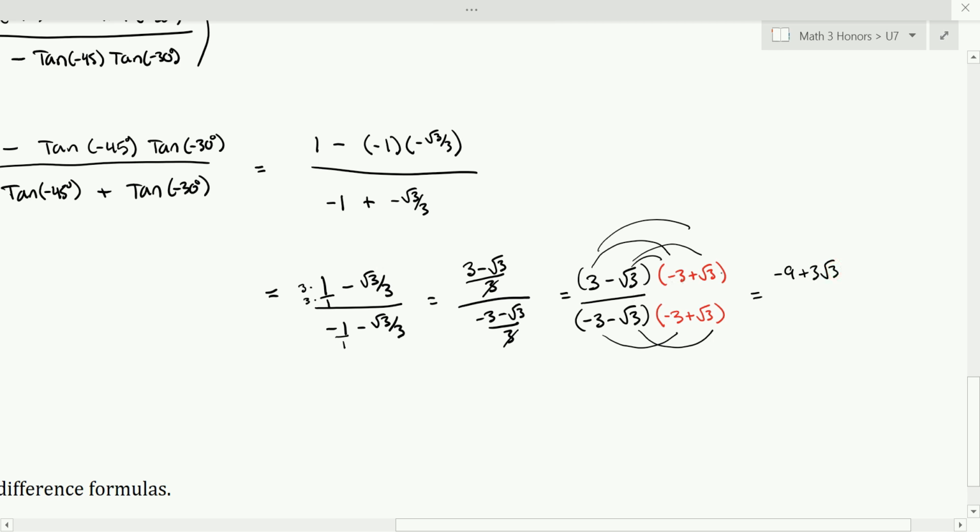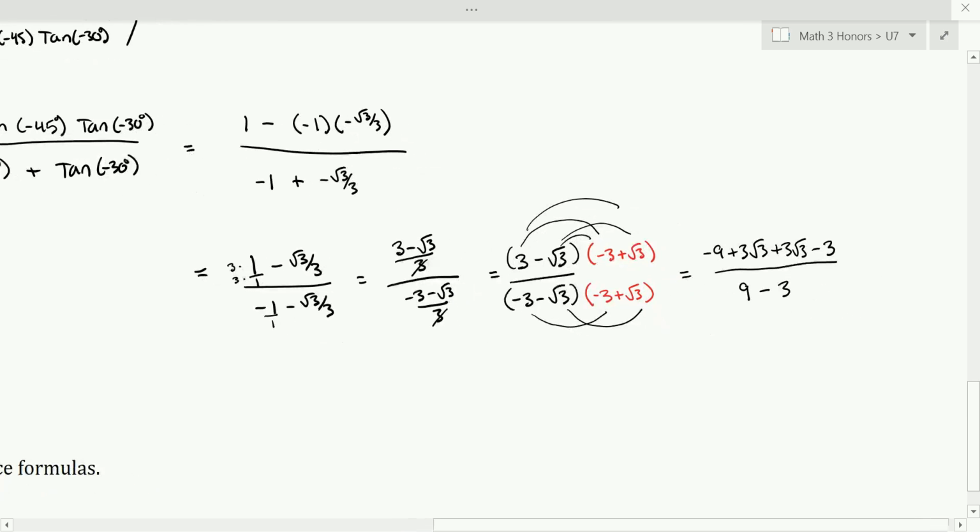Negative root 3 times negative 3 is still going to be a positive 3 root 3. And then negative root 3 times positive root 3 is going to be a negative 3. In the denominator, we're going to have negative 3 times negative 3, which is positive 9, minus root 3 times root 3 is 3.